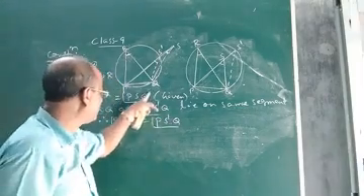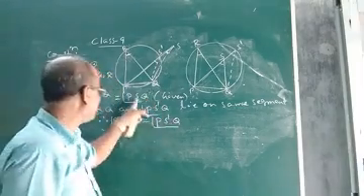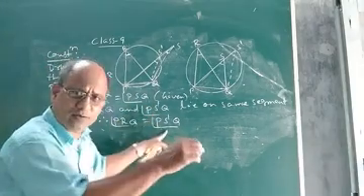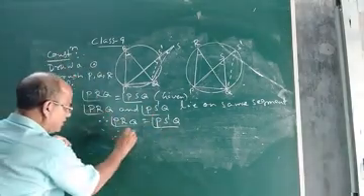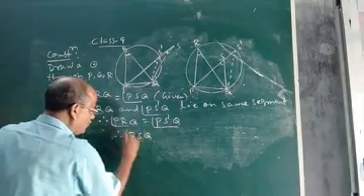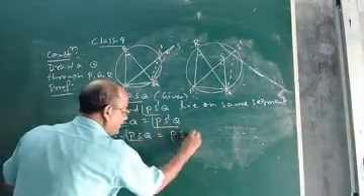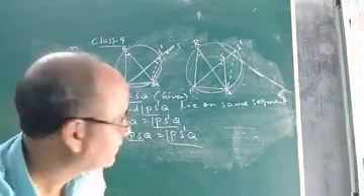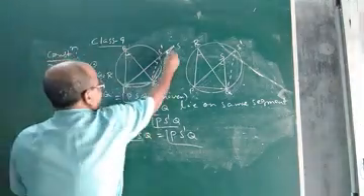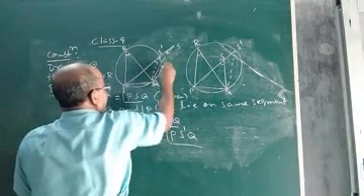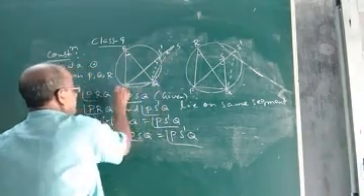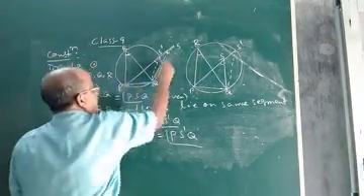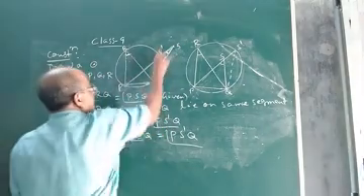So what will be the relation between this angle and this angle, that is angle PSQ and PS'Q? They will be equal. Therefore, angle PSQ will be equal to angle PS'Q. Just now you marked angle PSQ, this one, and this is PS'Q.